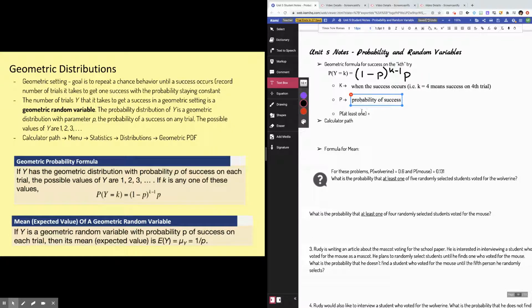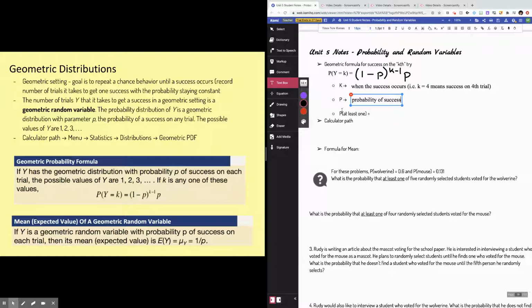And there's one thing that I did not mention with the binomial variables that I probably should have. Every once in a while, you'll come across a problem that asks you to find the probability that at least one of these things is true. Whenever you see that phrase, at least one, that means that this value of k could be 1, 2, 3, 4, 5, and that could go on and on forever.